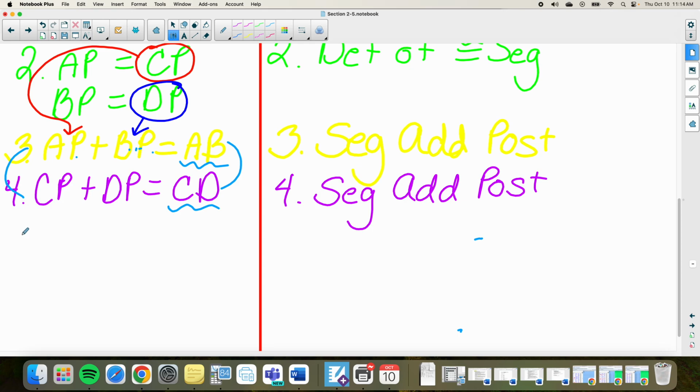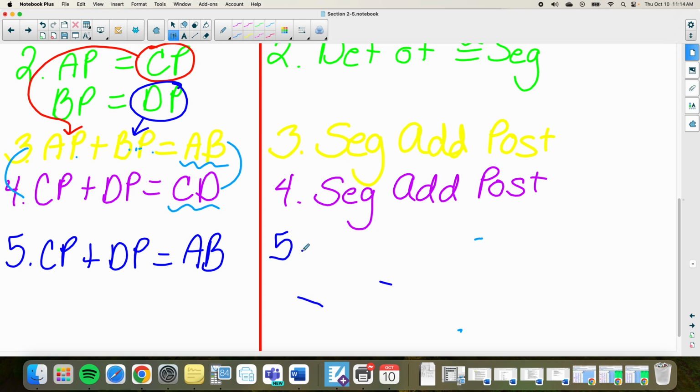So when I rewrite that, I'm gonna put CP first, because I substituted that in for AP, plus I substituted DP in for BP, and that equals AB. I did that because now I have CD and AB the same. What do you think we would call that step?